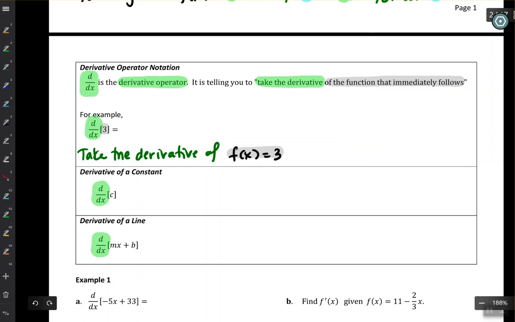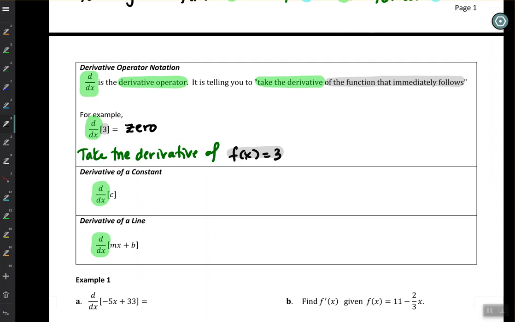And we know from our little warm-up that the derivative of a constant is, in fact, 0. The derivative of 3 is 0.